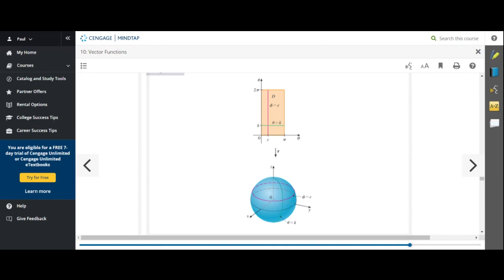Jamal's saying that it goes from the positive z-axis down to the negative z-axis, but it doesn't go any further. On the positive z-axis, what is phi equal to? Phi is measured from the positive z-axis, so if you're on the positive z-axis, what's your value of phi?